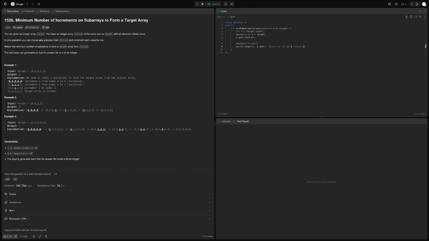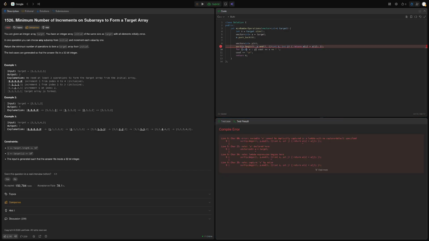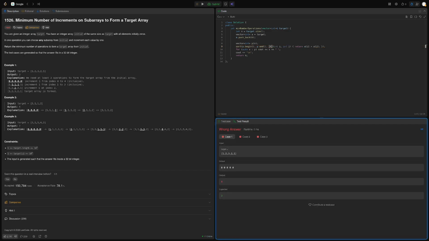The comparator returns a[i] greater than a[j]. Let's see what it outputs. Like this, I think.